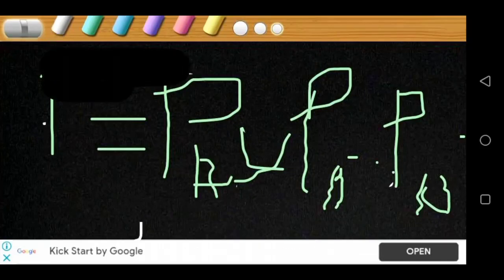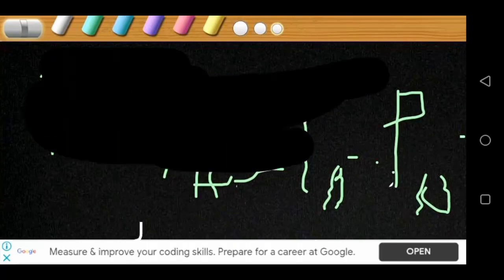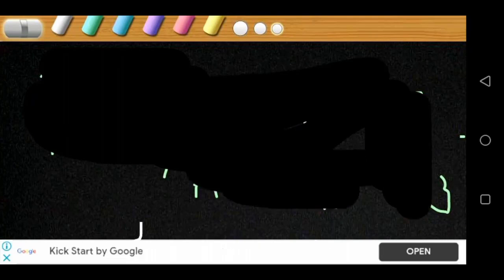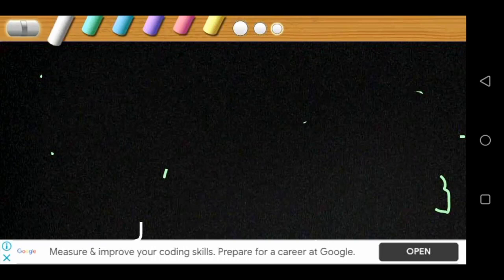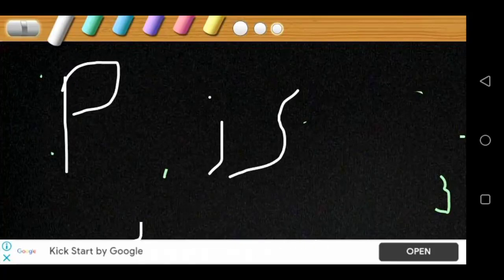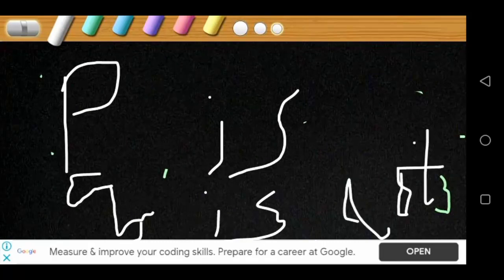P is means that an event will happen. Then the symbol Q is the event will not happen. So P is, that will happen. Then Q is not. So just know this.